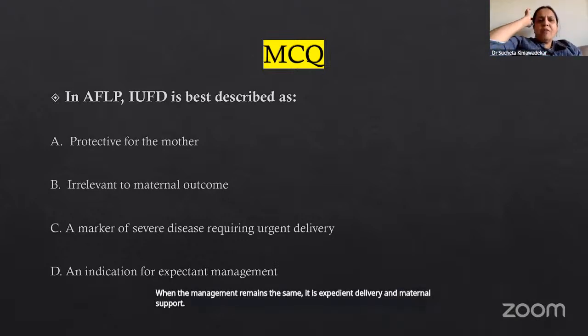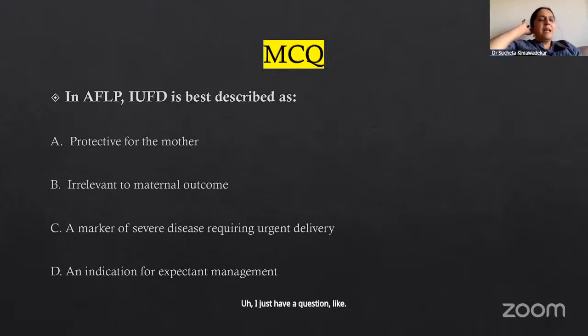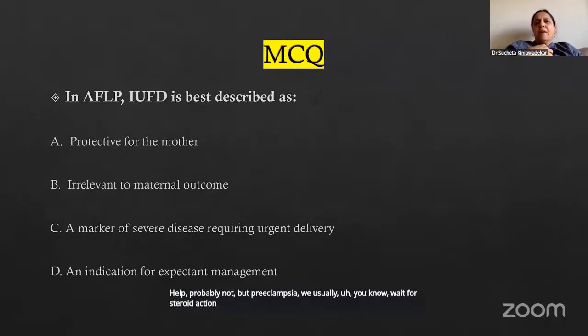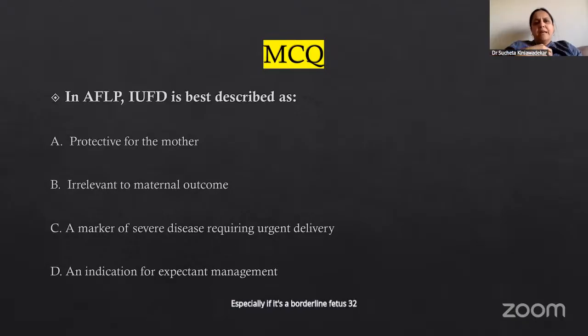Right. I just have a question. In case of preeclampsia, and HELLP probably not, but preeclampsia we usually wait for steroid action to happen, especially if it's a borderline fetus, 30 to 33 weeks and so on. Does the steroid help even in AFLP patients?